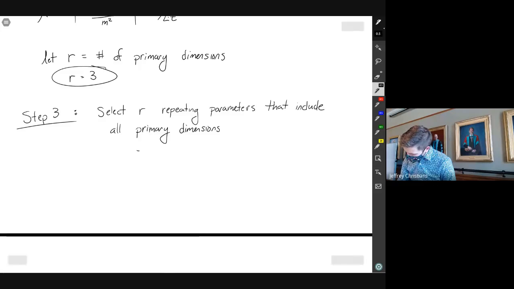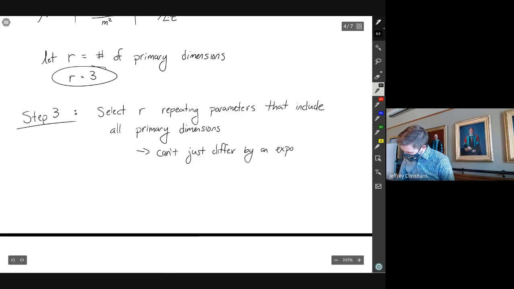Okay, and this has 2 caveats. So this has to be, they can't just differ by an exponent.